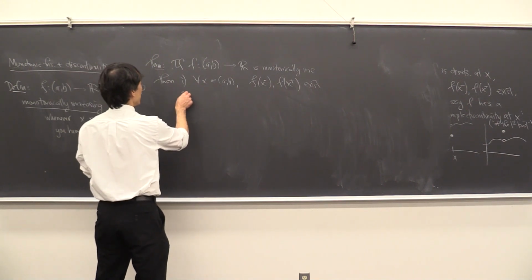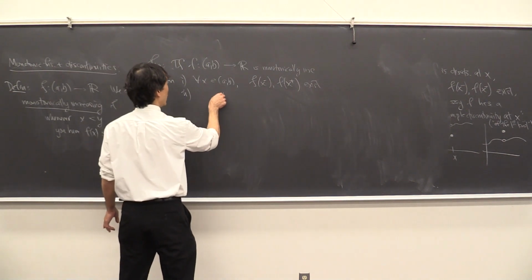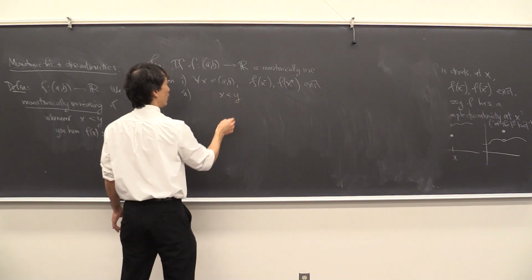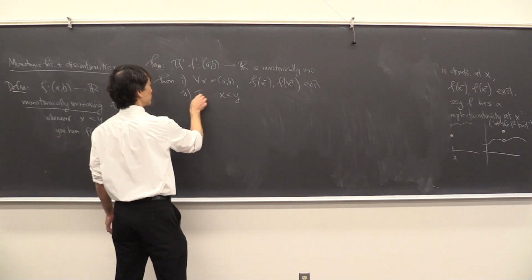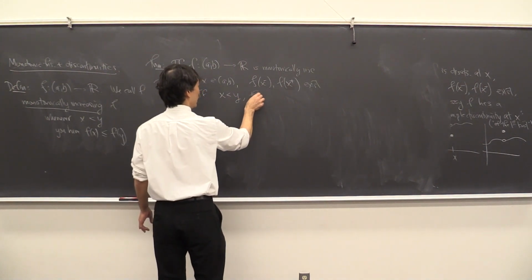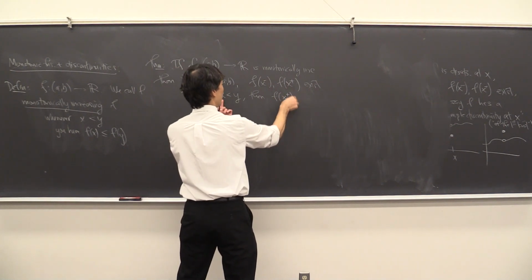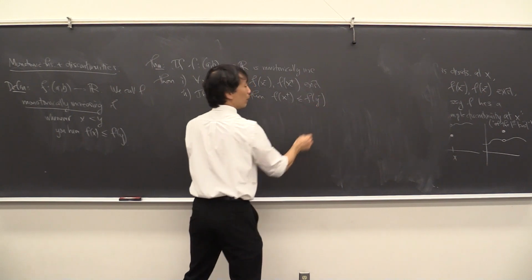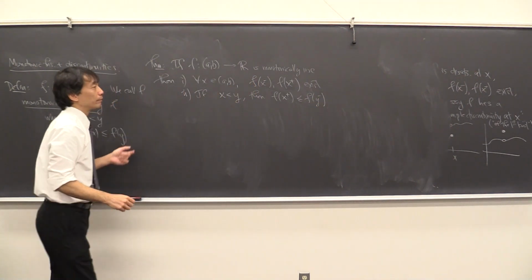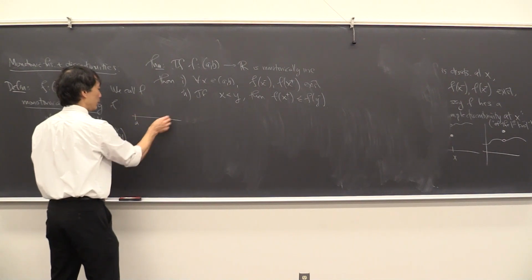And then the second thing is that if you have these two points, x and y, where x is less than y, then the limit from the right of x is less than or equal to the limit from the left of y. So here's a, b.